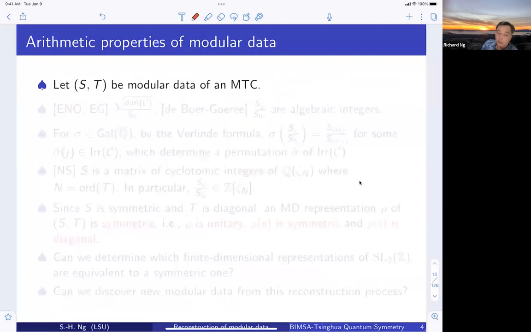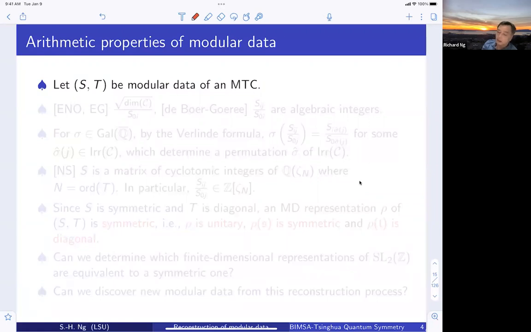Now we have the background of MD representations, and what we want is this. If I have the MD representation defined by a modular tensor category, then from the point of view of representation, I don't really care about the representation itself. We care about the representation type. So at this point, we only talk about representation type.